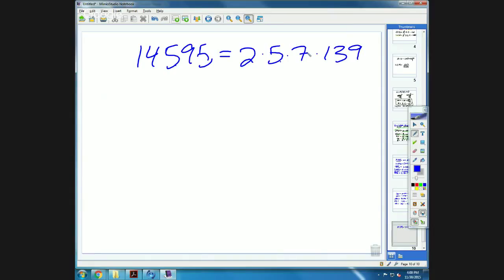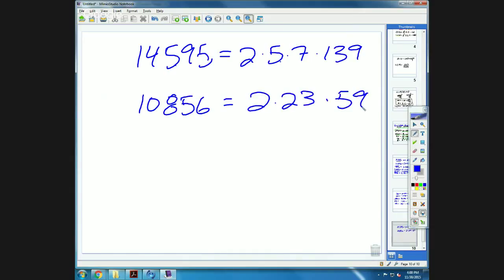And guess how many times I had to check numbers to get that 139 to work? Quite a few, okay. And then I found that the 10,856 was equal to 2 times 23 times 59, and that took an awful lot of work too, because there's a big gap between 2 and 23 where I'm testing stuff. There's a big gap between 23 and 59 where I'm testing stuff.